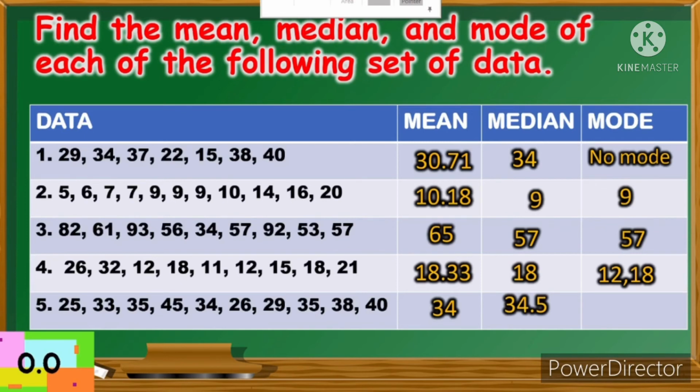Last is the mode. You have 15 seconds to find the mode. Your time starts now. If your answer is 35, congratulations! You did a great job!